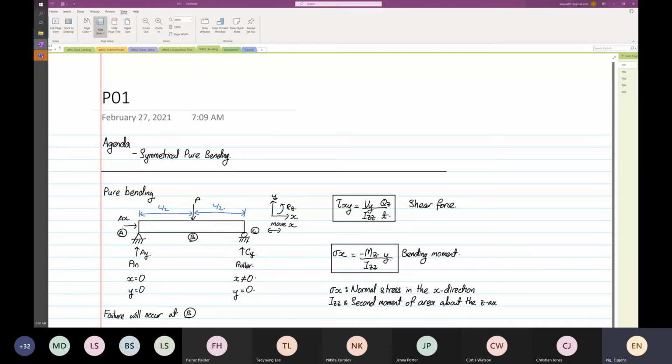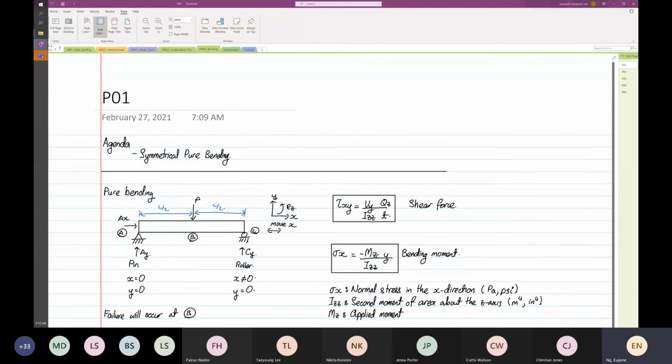z-axis. Okay, so stress X, the units can be in Pascal or it can be in PSI. And the IZZ can be in meter to the power 4 or inches to the power 4. You guys know this by now. And MZ corresponds to the applied moment, right?